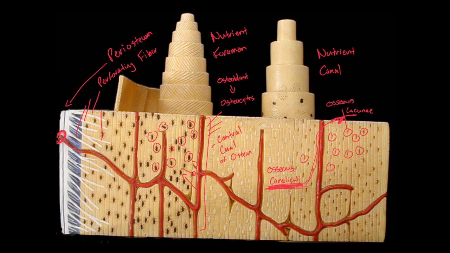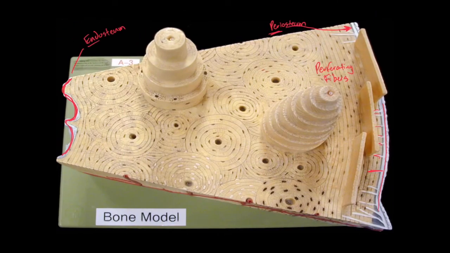Let's look at more examples of osseous lacunae and osteocytes in the other image. Again, we have these little spaces right here found throughout the whole model. And again, those are osseous lacunae. And all these little lines kind of connecting them all, those are osseous canaliculi.